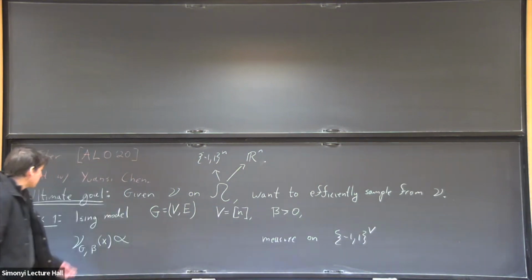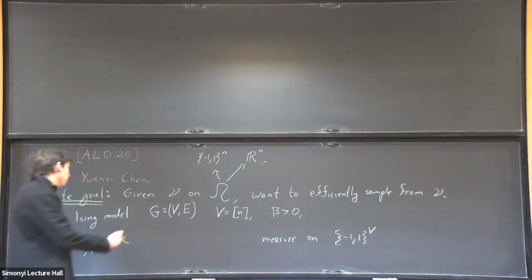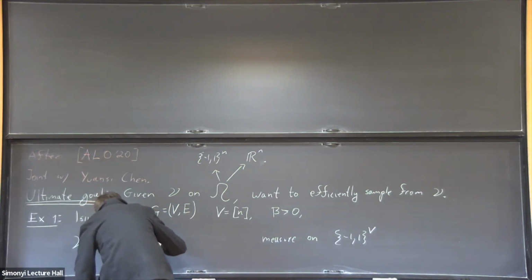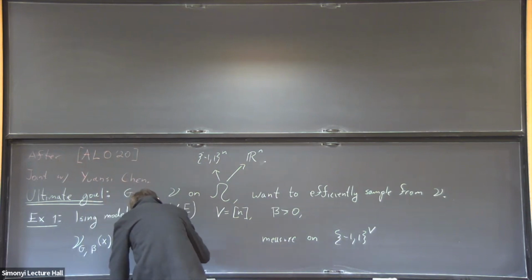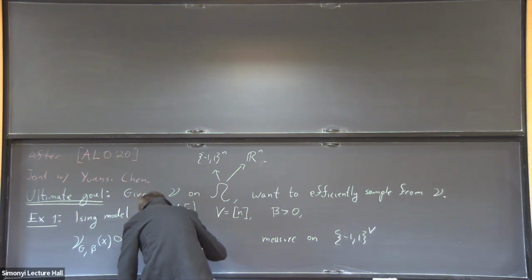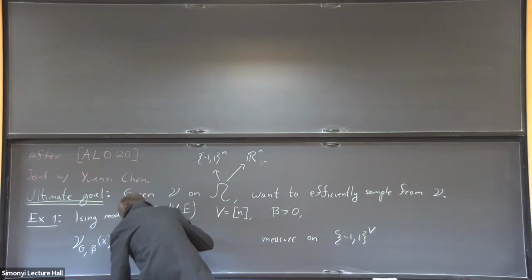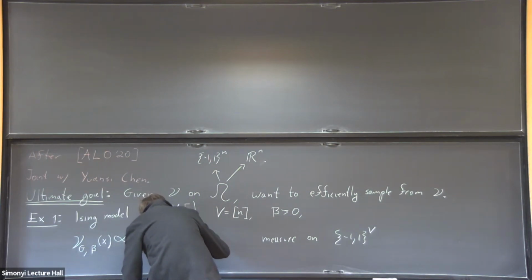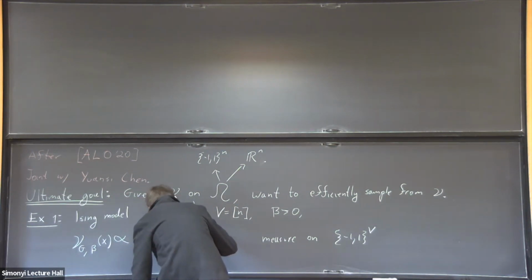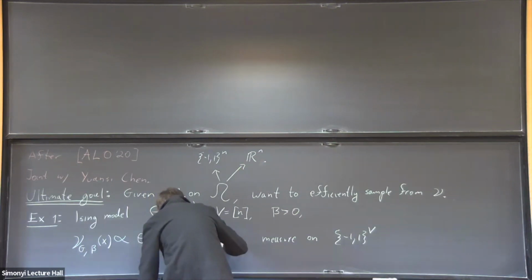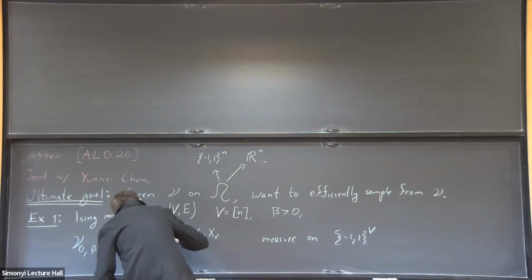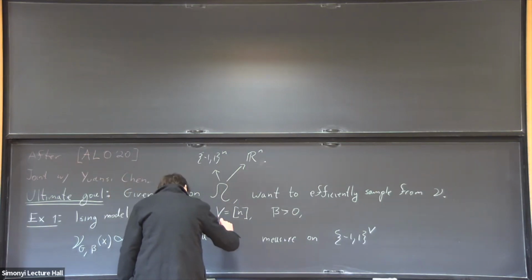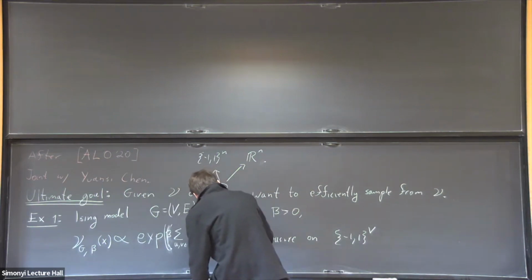The density at the point x is going to be proportional to the exponential of beta times the sum over u, v in the edge set of x_u x_v. Sorry, it's supposed to be the edge set, right?